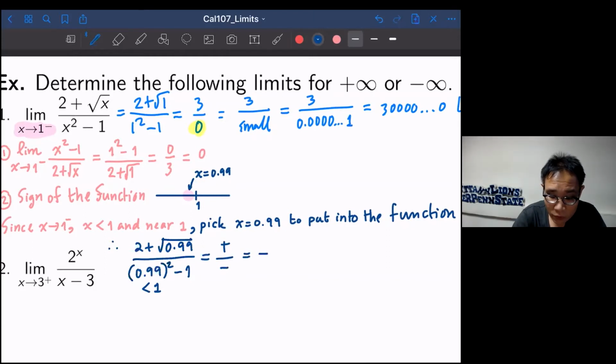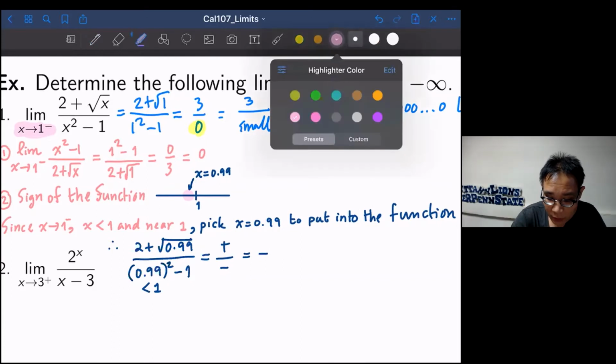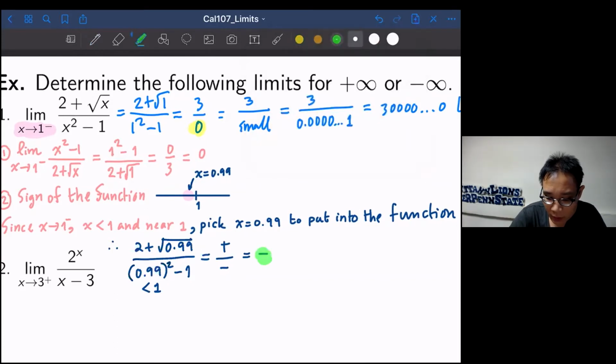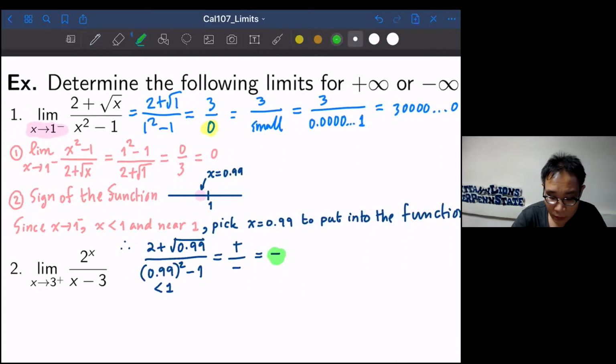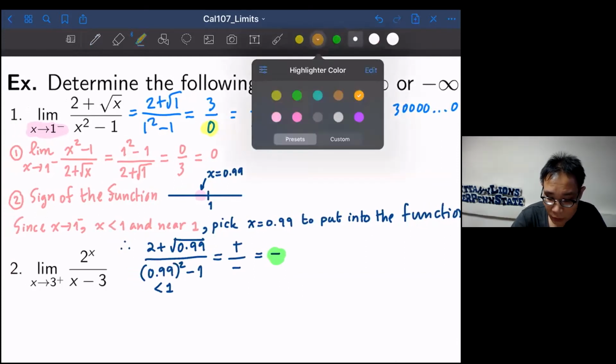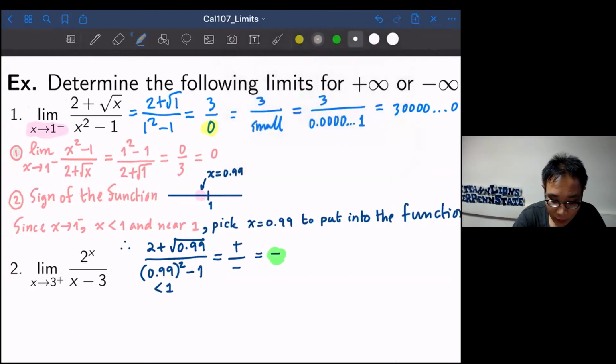And you have number 1 and number 2 already: the limit equal to 0, and the sign of the function negative.